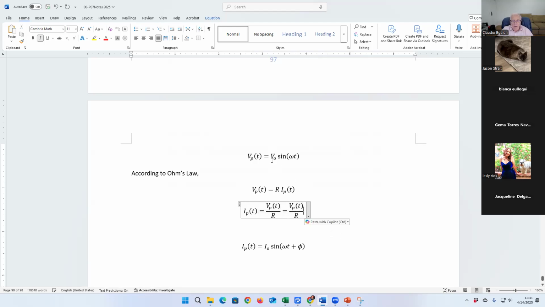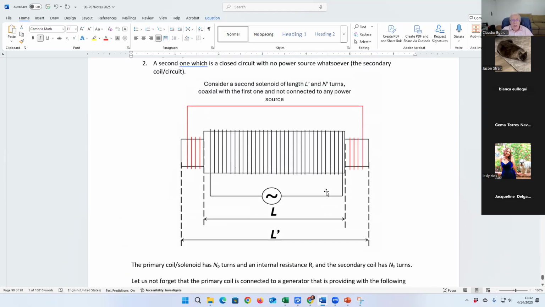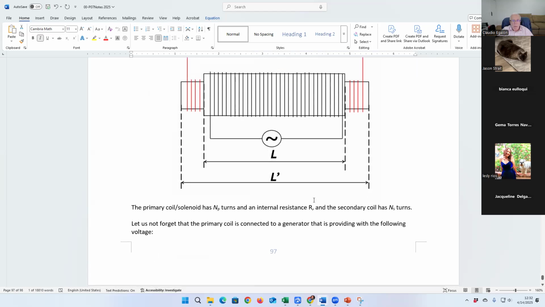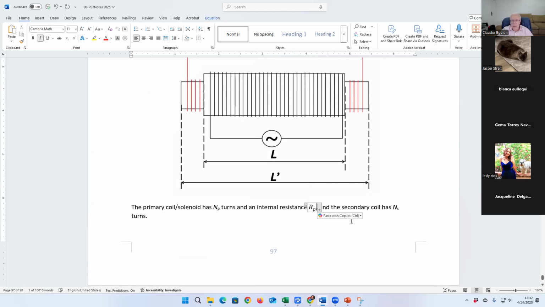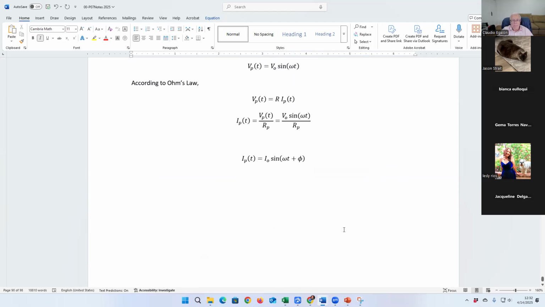And now, V naught. I have to do all of that to come up with the self-inductance and mutual inductance. V naught is the maximum value of the voltage. I'm going to put that subscript P here to remind you that this is the resistance of the primary coil, R sub P. I'm going to rewrite it in a simple way.